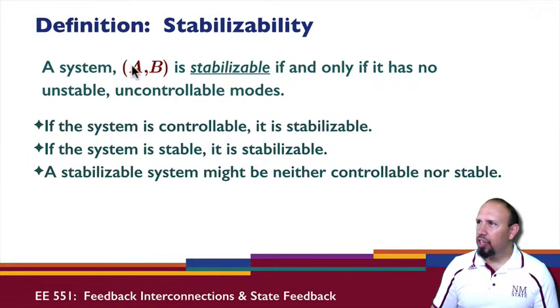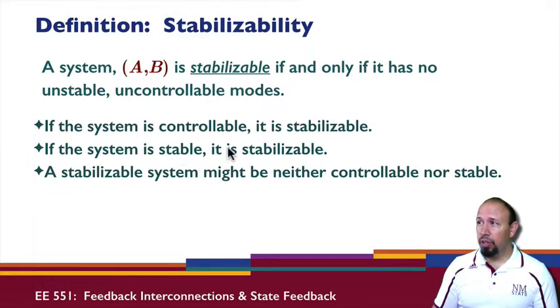We have this definition of stabilizability: a system (A, B) is stabilizable if and only if it has no unstable, uncontrollable modes. We saw also earlier the concept of a state feedback fixed mode, that there are no unstable state feedback fixed modes.